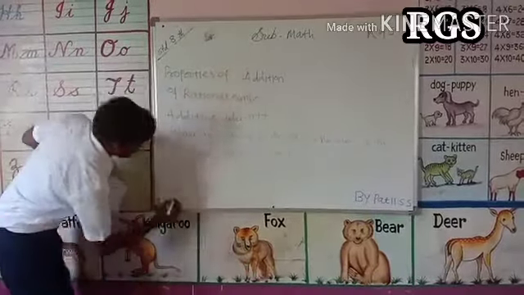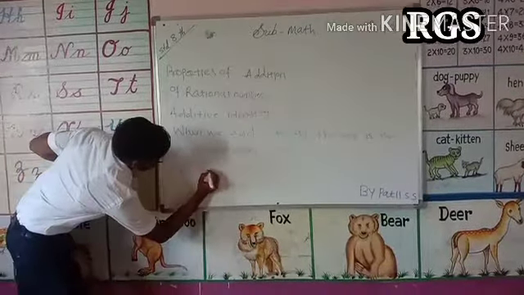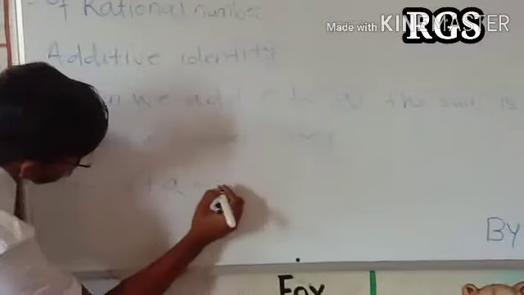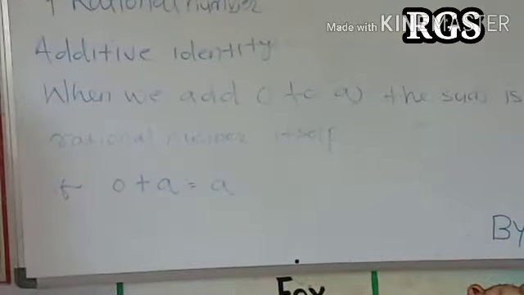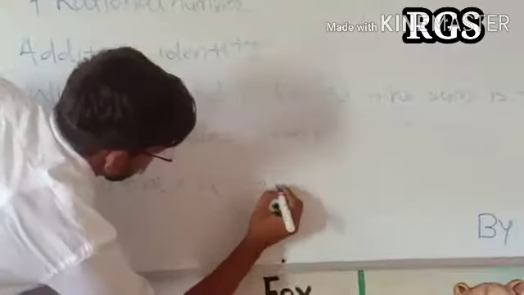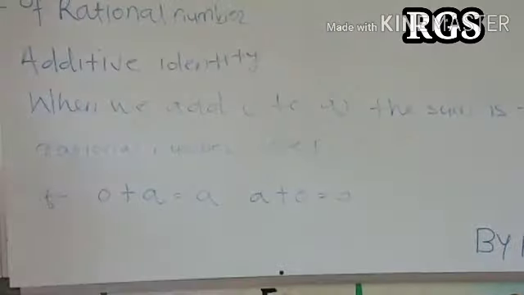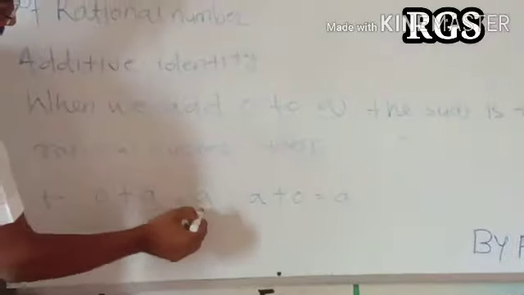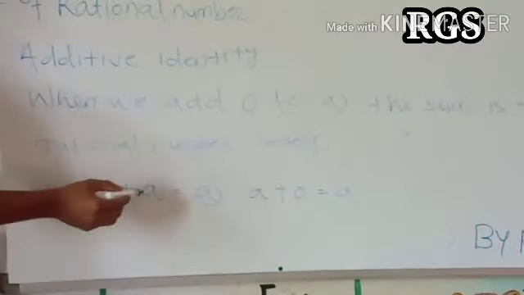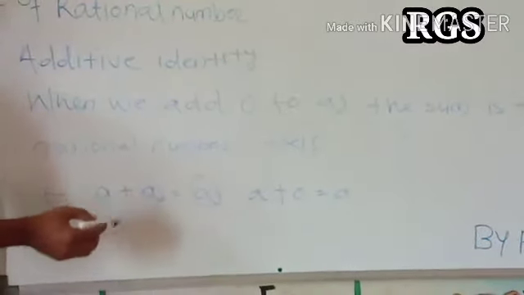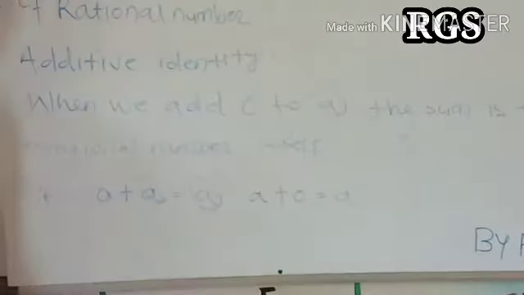Now see here, 0 plus a is equal to what? a. Or a plus 0 is equal to what? a. We get the same number. When we add any rational number with 0, we get the same rational number.